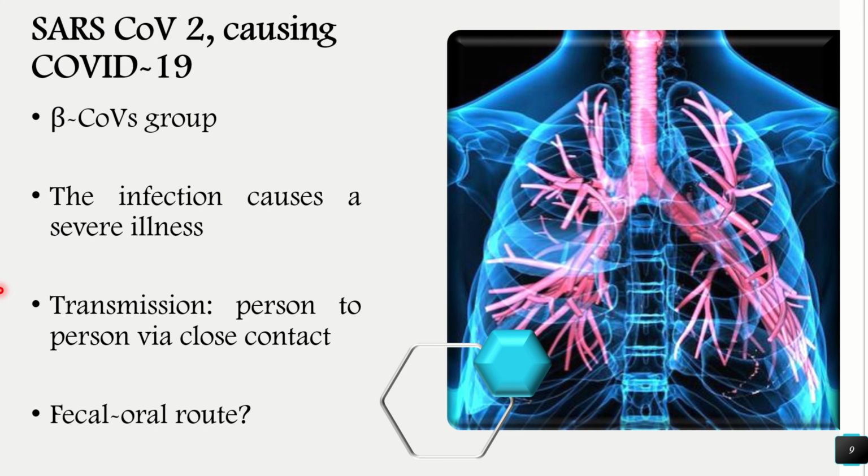Gastrointestinal symptoms, such as diarrhea, abdominal pain, and vomiting, have been reported in 2% to 10% of patients with COVID-19, and a March 2020 report from a U.S. patient showed a positive stool test for coronavirus, but there is no absolute evidence of that route of transmission. I will talk about the routes of transmission in another video.